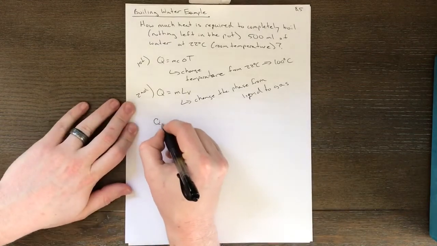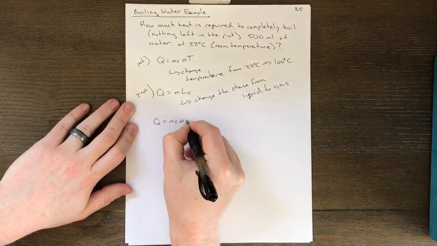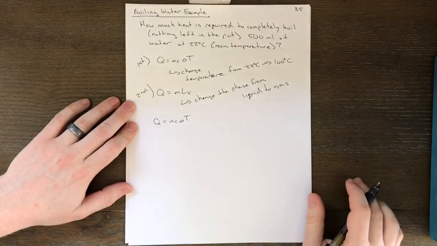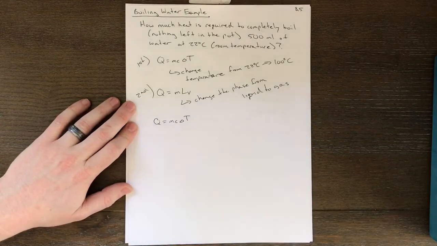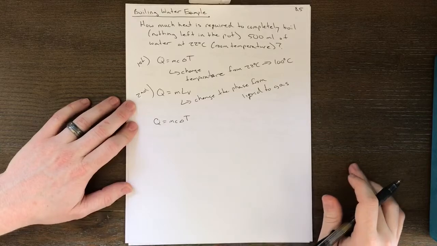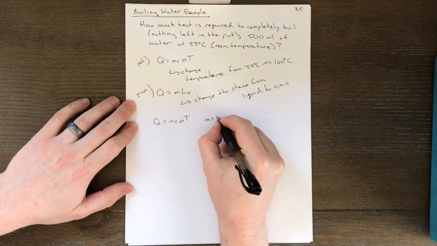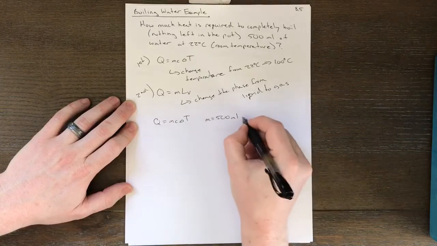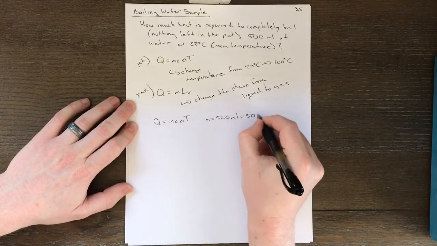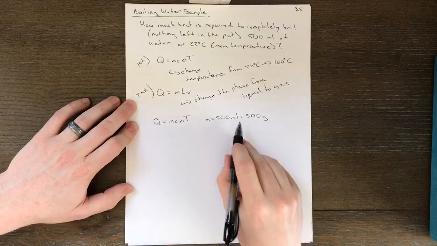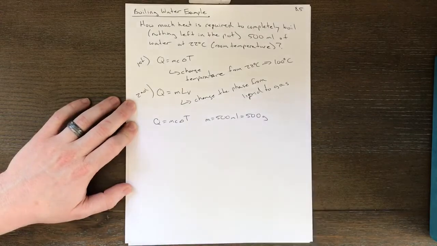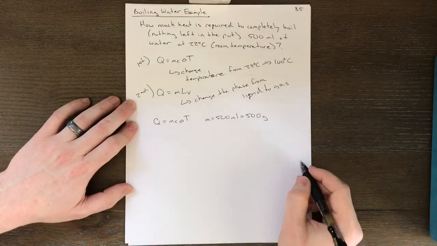First, let's use Q equals mc delta T. How much energy does it take to heat the water up to 100 degrees? Well, we know we have 500 milliliters of water, and that's the same as 500 grams of water. Remember, milliliters are the same as grams when it comes to water.